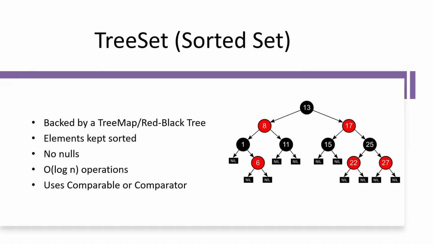And these tree sets use comparable or comparator for sorting. Comparable is when the class has its own mechanisms for sorting. A comparator is when an outside class or programmer defines the sorting order. But we'll get into that later.